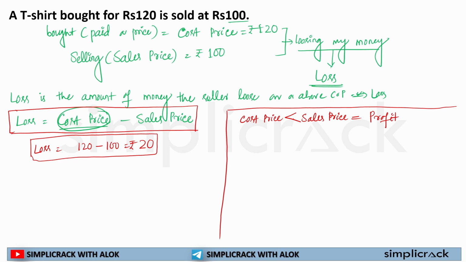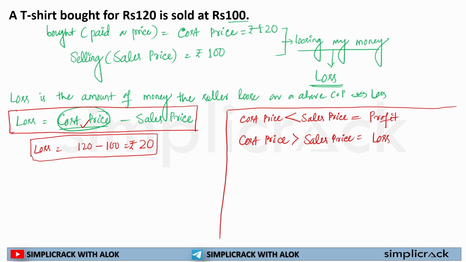That means in the whole transaction, the seller will gain money. The seller will have much more money. But if the cost price is greater than sales price, in that case loss will happen. Here in this case cost price was higher than sales price, that's why in this whole transaction there was a loss.